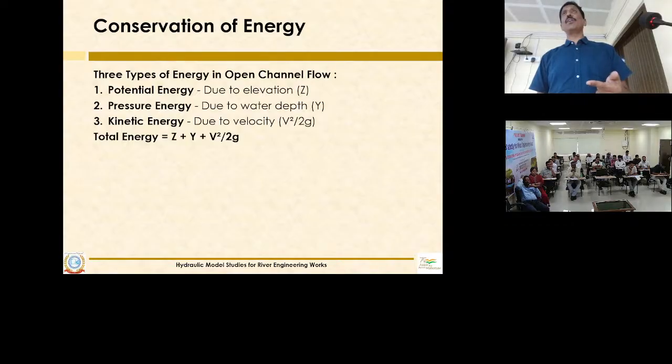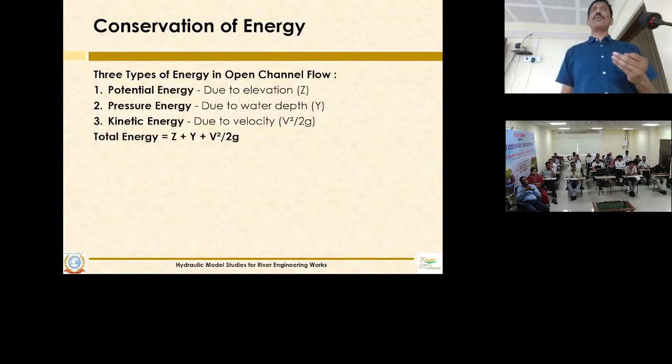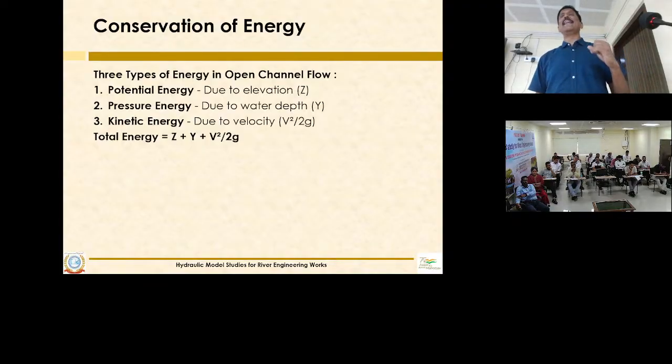Now the conservation of energy. First we have seen the conservation of mass, that is the continuity equation, then conservation of momentum, and now the conservation of energy. If you are dealing with open channel flow, then we have three energies basically. Potential energy, that is because of the height.